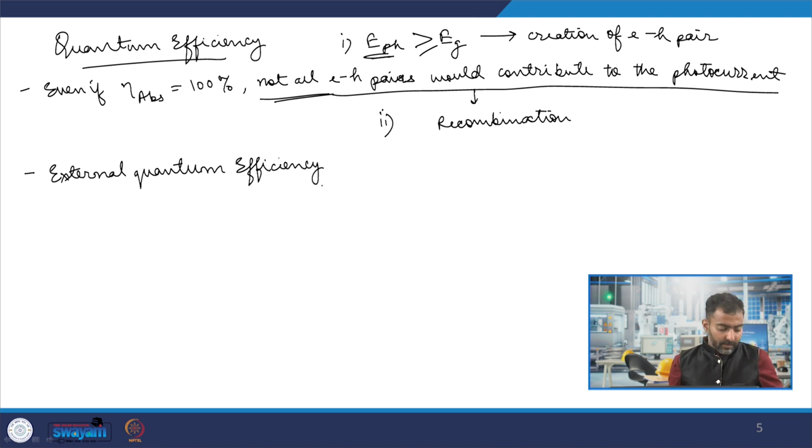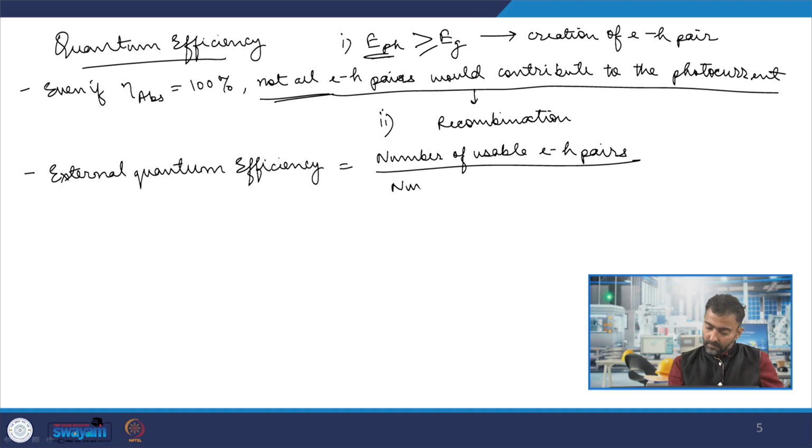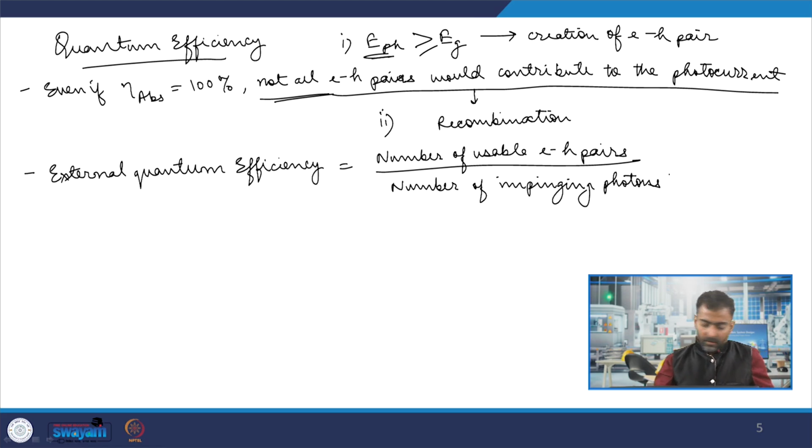We define it as the ratio of the number of usable electron hole pairs divided by the number of impinging photons, or in other words, the number of usable electron hole pairs, indicated by N_EHP, divided by the number of photons.